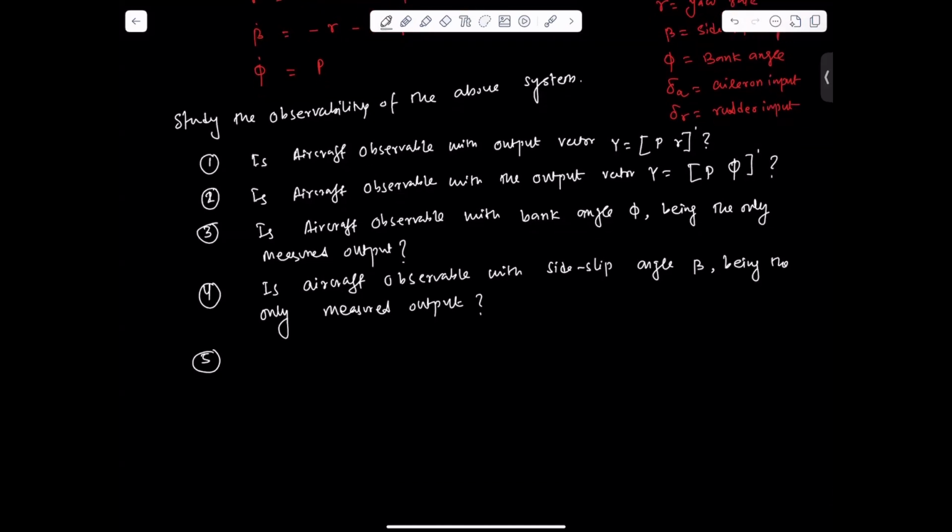The fifth question is the observer design part. Based on the system observability results of the different questions mentioned, 1, 2, 3, 4, if we find the system is observable for a particular condition, we can design the full state observer.